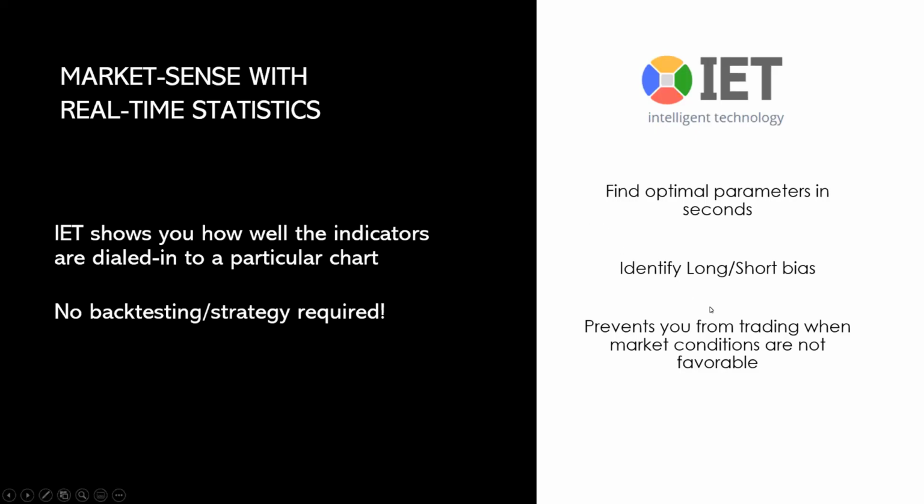And ideally, it will not only tell you when the odds are stacked in your favor, but also when the odds are not stacked in your favor, in which case you would stay away and not trade. And this all comes completely for free with Divergence Cloud. It's just on the chart all the time. No backtesting or automated strategy is required to see these statistics.